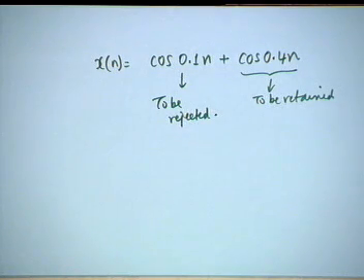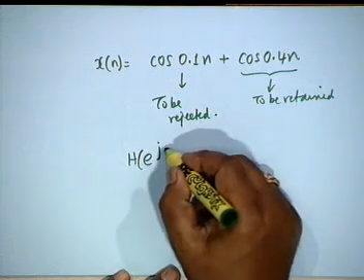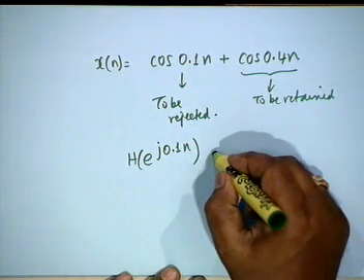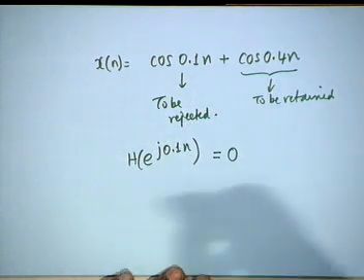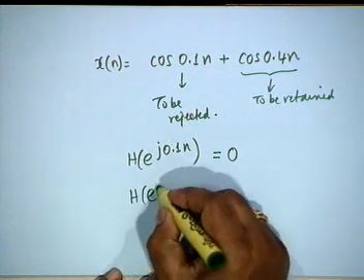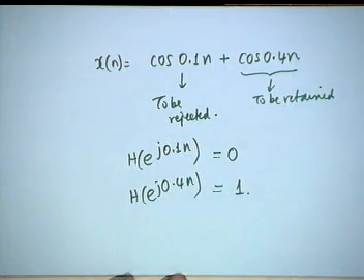Okay. So, what we want is that the magnitude of H of e to the j 0.1 should be equal to 0. Why not make an effort to make it equal to 0, and the magnitude of H of e to the j 0.4 should be equal to 1. Let us see if we can satisfy this.